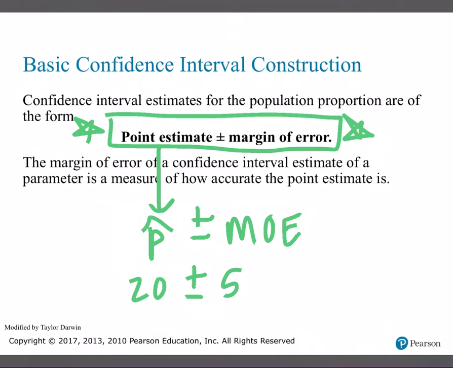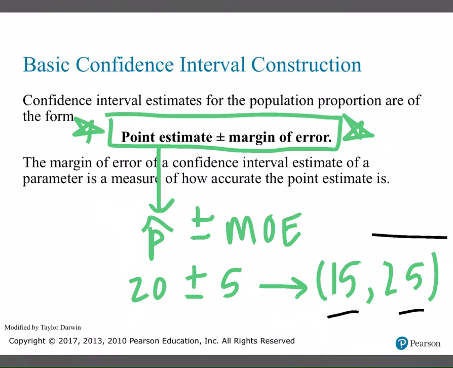So if you know that the pizza is going to be here in 20 minutes, give or take 5 minutes, I can expect it to be here anywhere from 15 to 25 minutes because 20 minus 5 is 15 and 20 plus 5 is 25. I just created a confidence interval. And that's all it is. It's taking that point estimate and finding that give or take, that margin of error. And that's how you create that confidence interval.